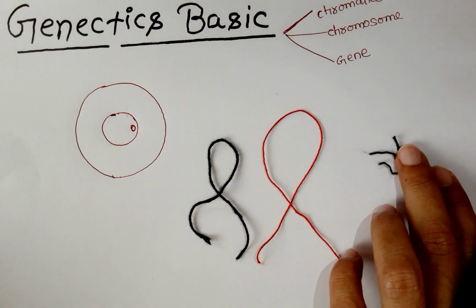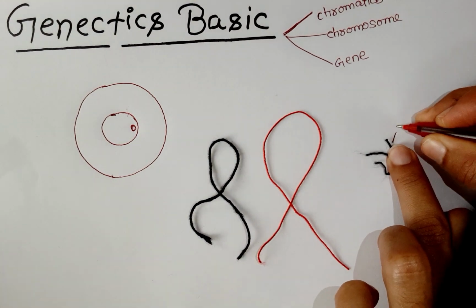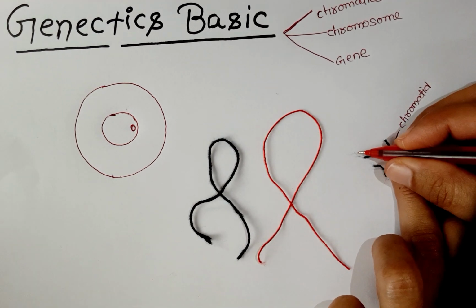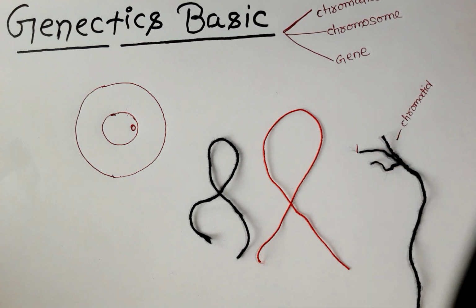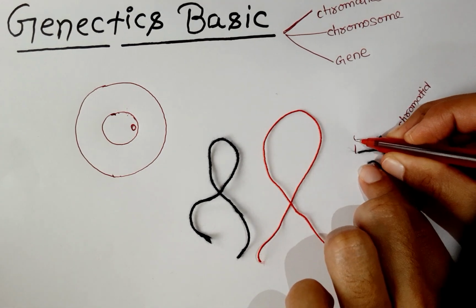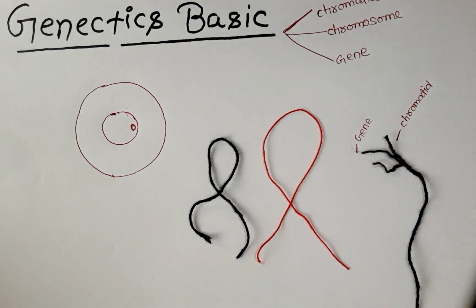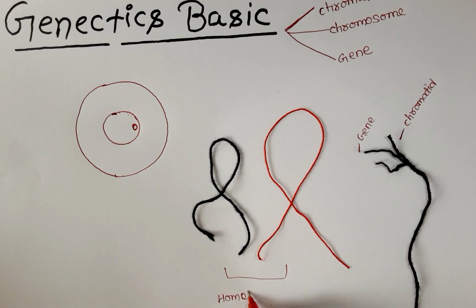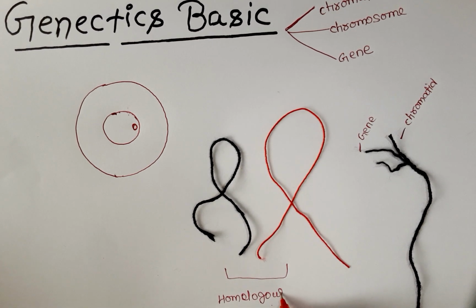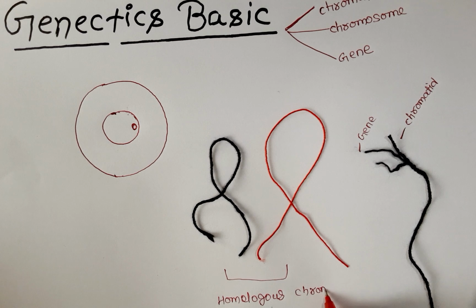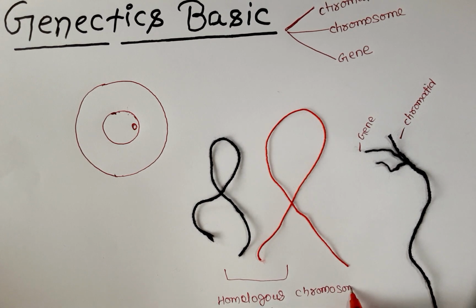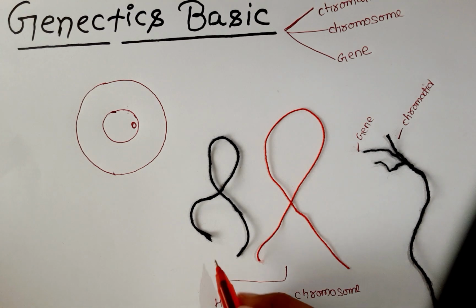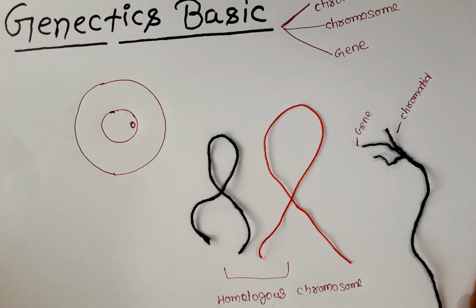So what does this mean? These are chromatids, and this small structure is gene, and these both are homologous chromosomes. Homologous chromosomes.